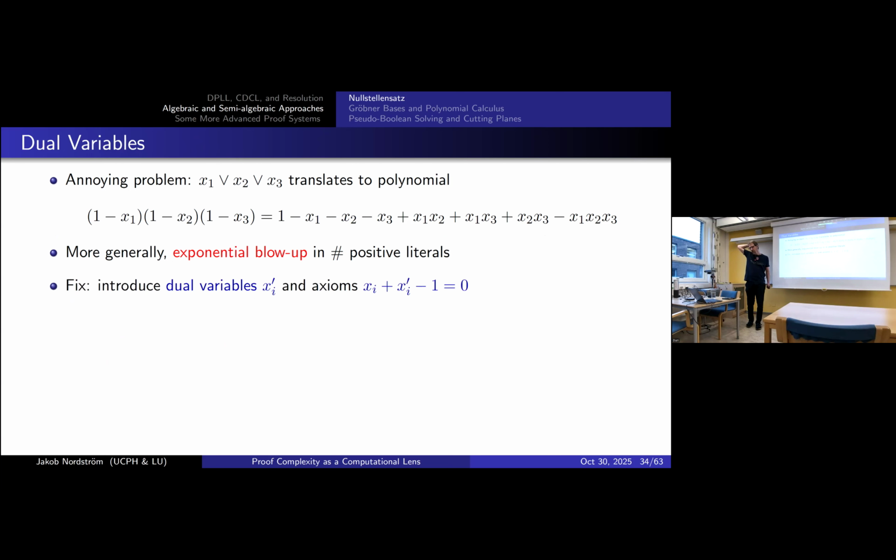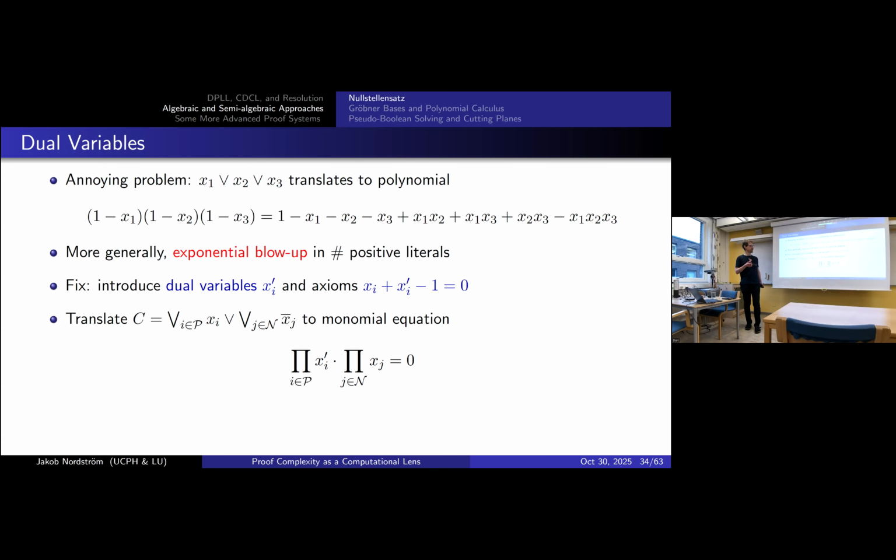So one way to deal with this, at least when you're doing theory, is to introduce dual variables, or twin variables. For every xi, I also introduce an xi prime, and then I add polynomials saying that xi and xi prime take opposite values. This allows me to translate any clause to a single monomial, where I use these prime variables for positive literals.